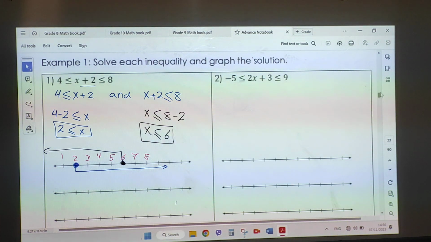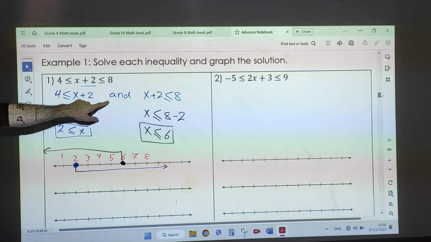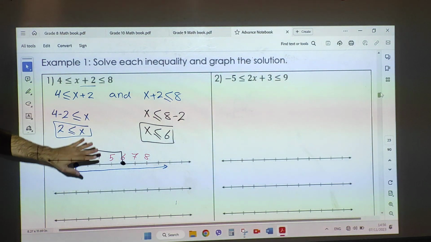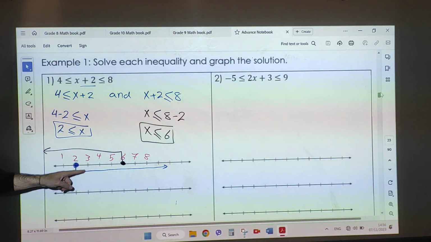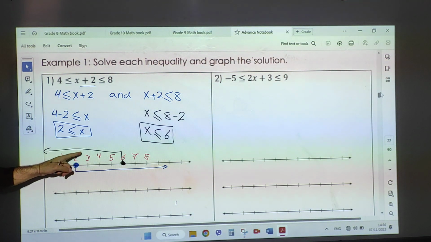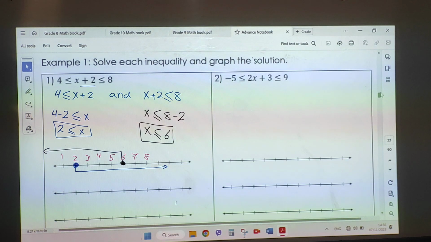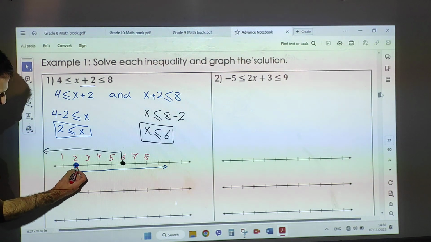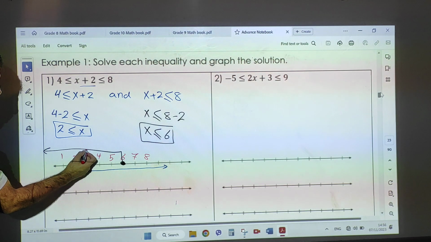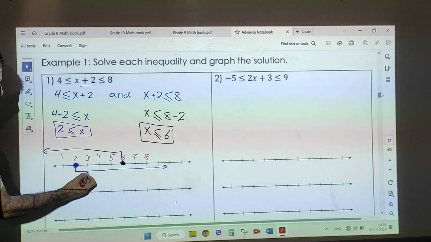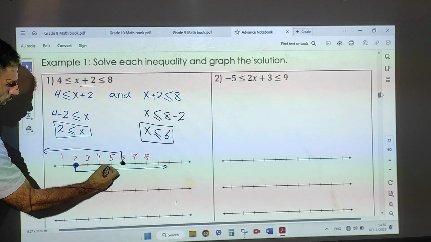Now in AND, always when the question is AND, you show on the line only the part which is the solution for both of them. Which part is for both of them? If you check between these two, you see that it is a solution for that and for that. Only this part is between.